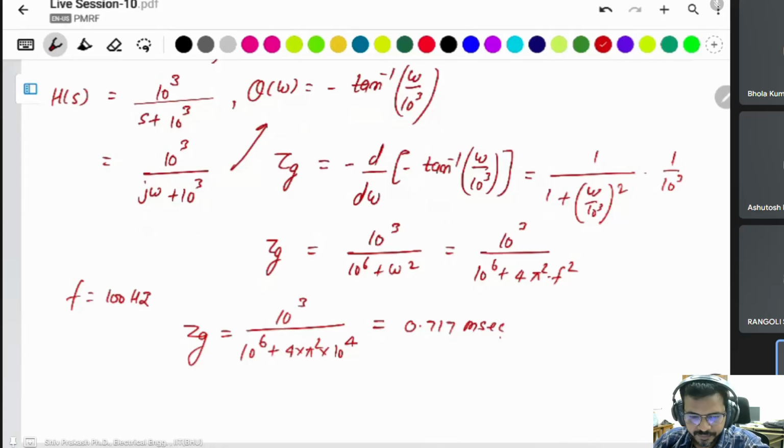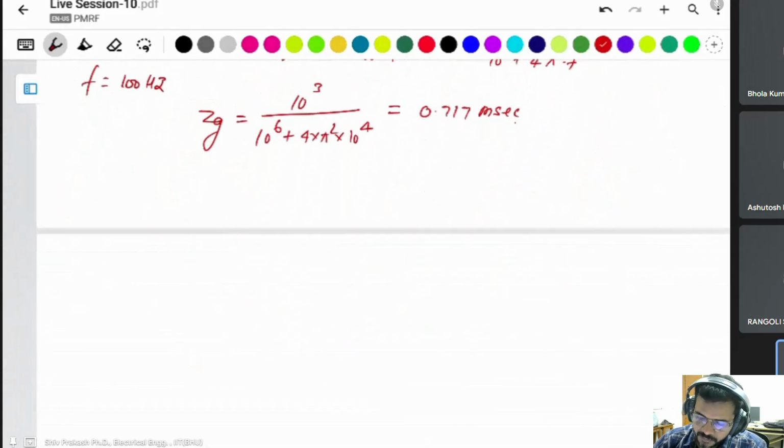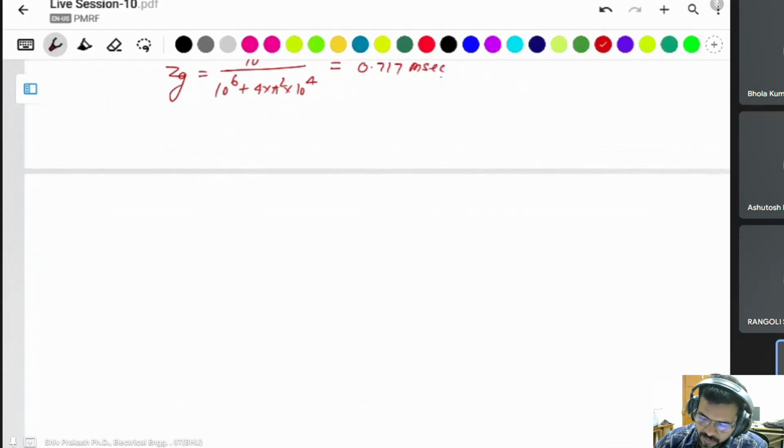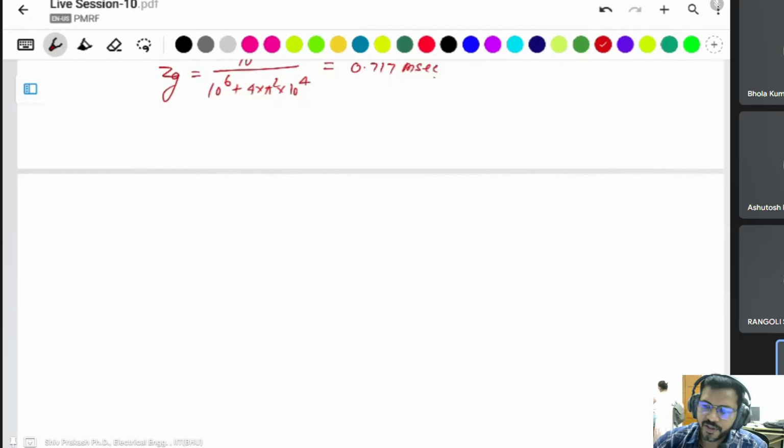Okay, let's start learning about the properties of the Fourier transform.